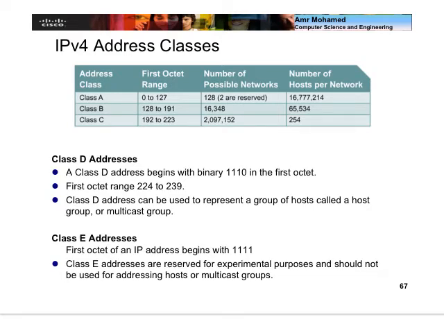So for class A, we need to know that the number 128 is reserved. So there are some specific addresses that are reserved. Class C covers 192 to 223, which starts with 110 and then anything, so you have to have 0 here.